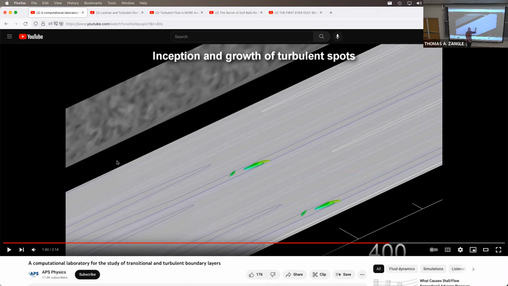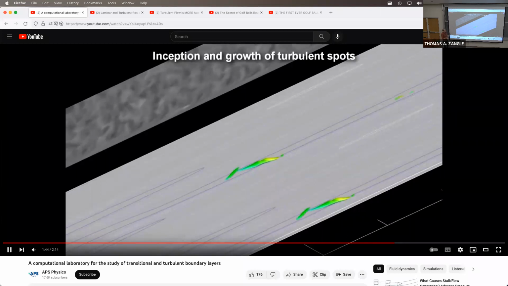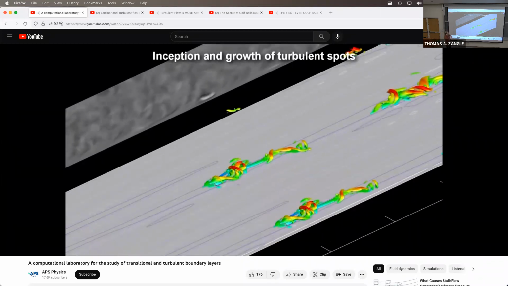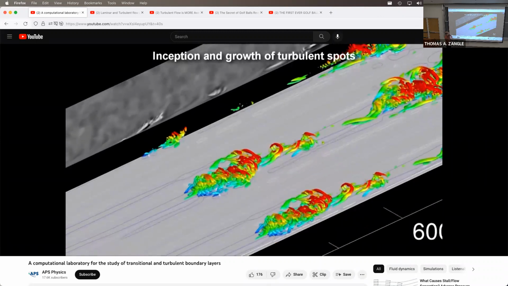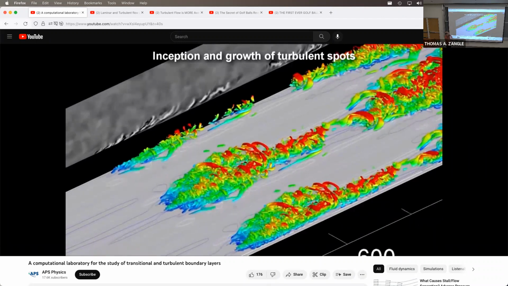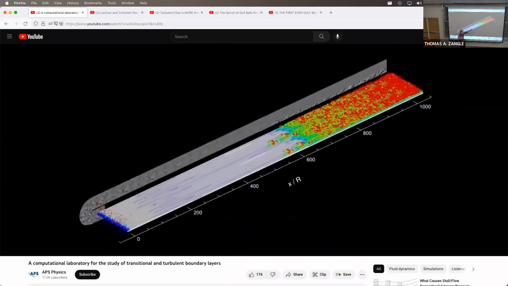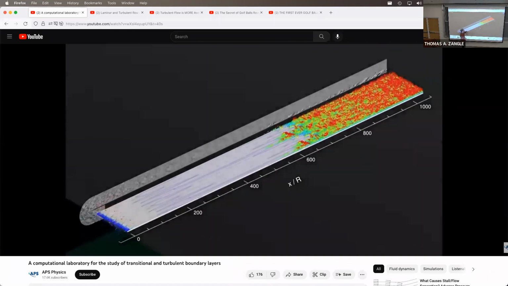So now we've shifted camera view, so we're actually watching one of those turbulent spots as it moves downstream. And you can see it moving and growing, getting bigger and bigger, merging with adjacent turbulent spots as we transition into full turbulence.